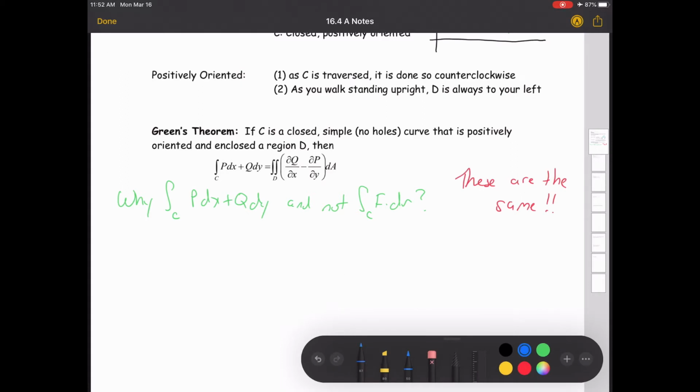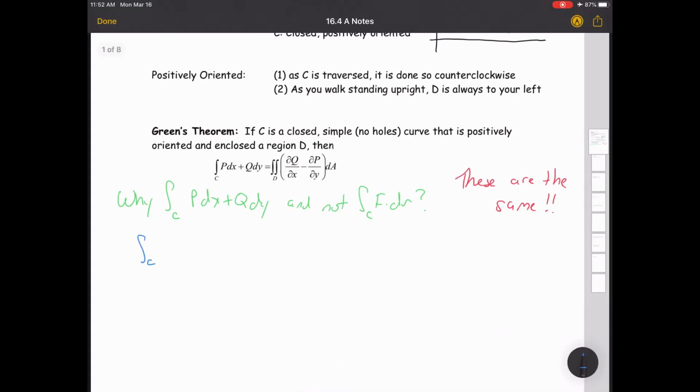If I take the line integral of PQ and dot that with dx dy, well, I can actually multiply this by dt over dt, because that's just the same thing as 1. So if I were to rewrite that, and by the way, this would give us what's right above there.